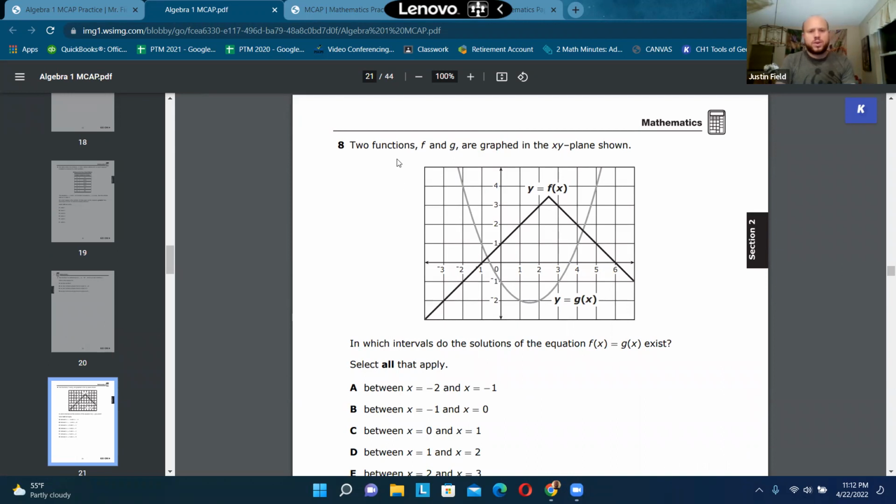Ooh, 2 functions. All right, deep breath. 2 functions f and g are graphed in the xy plane. I see an absolute value function and a parabola. In which intervals do the solutions of the equation f of x equals g of x exist? In other words, where do they intersect?